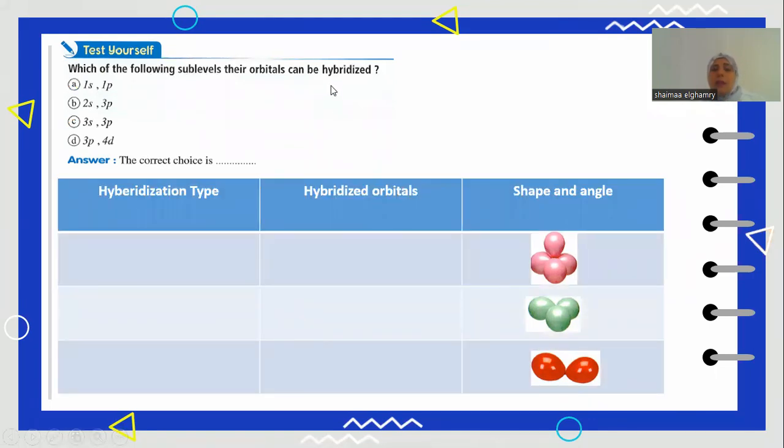The hybridization type, we have sp, or sp3 hybridization type.